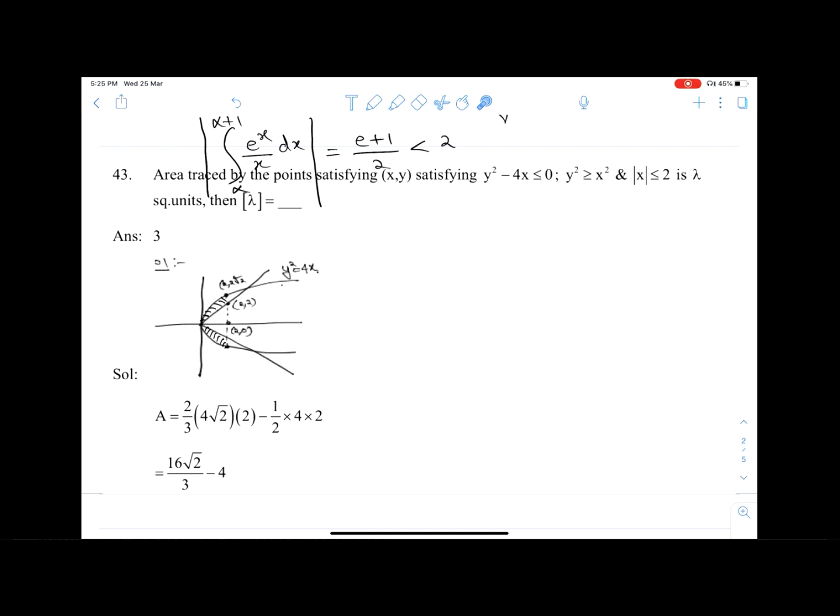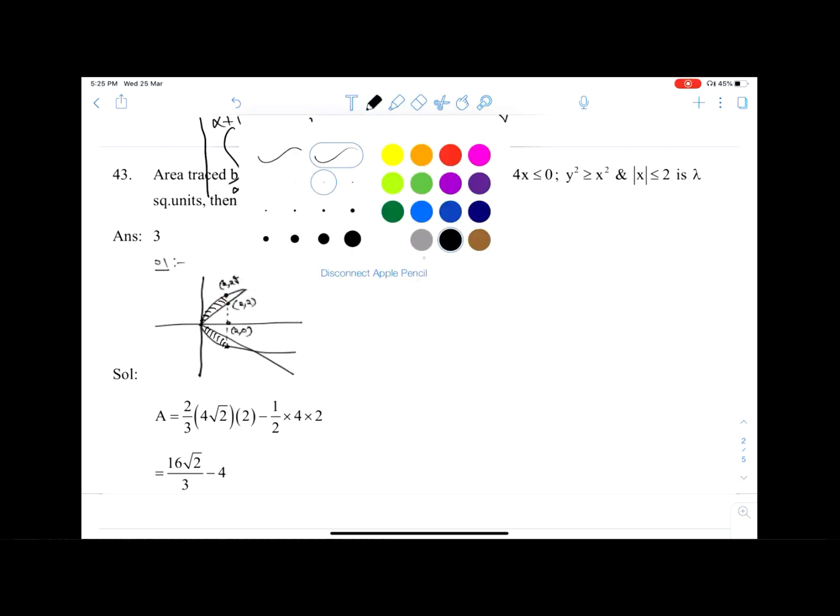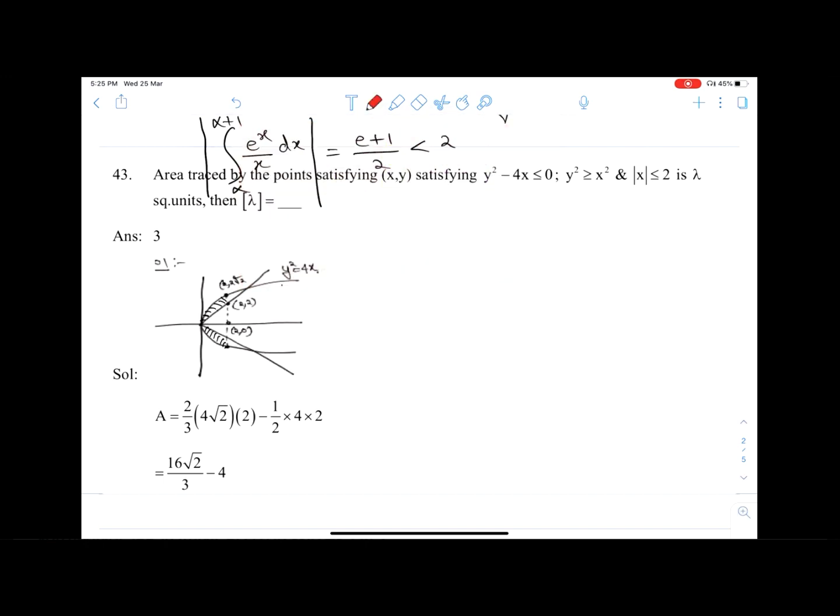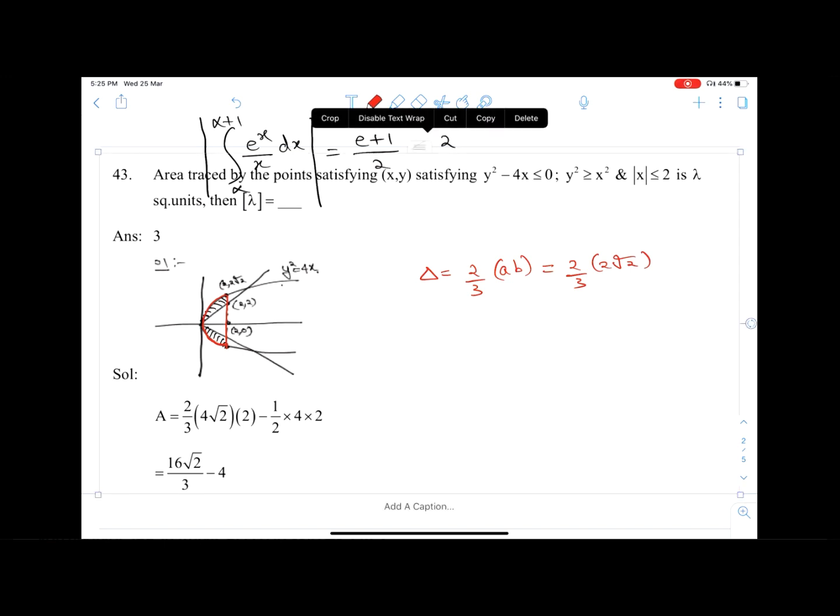So I found the points of intersection there. This point is (2, 2), this point is (2, 2 root 2), this point is (2, -2), and this point is (2, -2 root 2). So this region's area will be 2/3 of AB, 2/3 of the rectangle area, or you can do it with direct integration also. 2/3 of 2 root 2 into 2, 2/3 of 4 root 2 into 2.